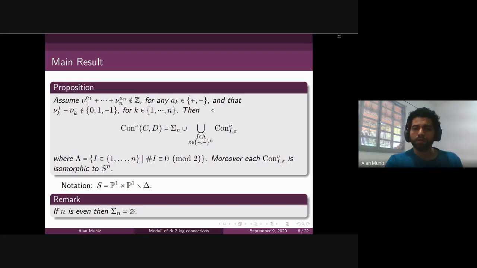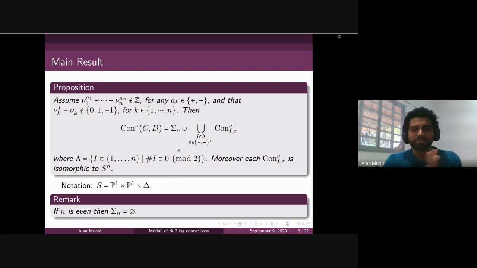So we can describe the whole moduli space as a Sigma_n plus a union of a bunch of spaces that I hope you will be familiar with at the end of the talk.